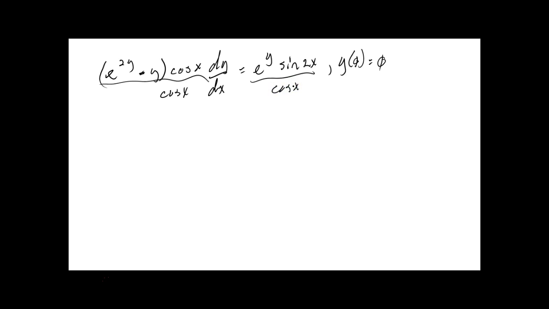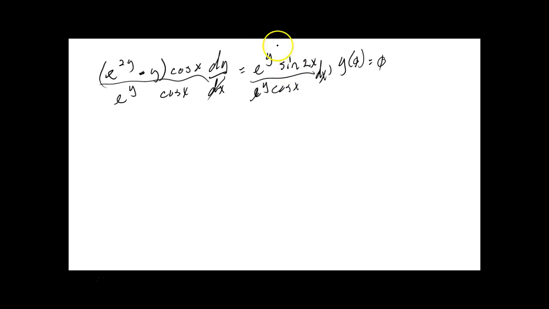Well, we also need to get this e to the y to the other side, so we'll divide this here and this here as well. Now, if you don't mind the pure mathematics viewpoint of not separating these, what we're doing is really writing it in differential form, but put the dx on this side. You can think of that as multiplying both sides by dx. Really isn't what you're doing, but that's what we'll do.